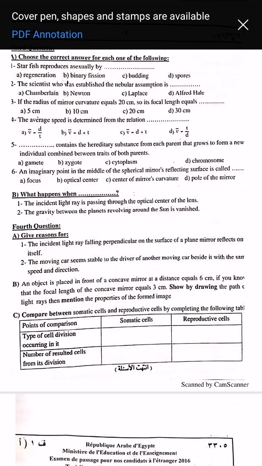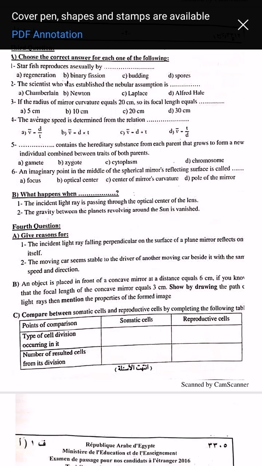Of course, here we have the distance of the object 6 centimeters and the focal length equals 3 centimeters, so we conclude the object is in front of the mirror at C, the center of curvature.